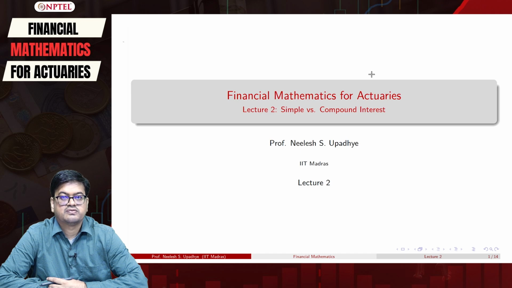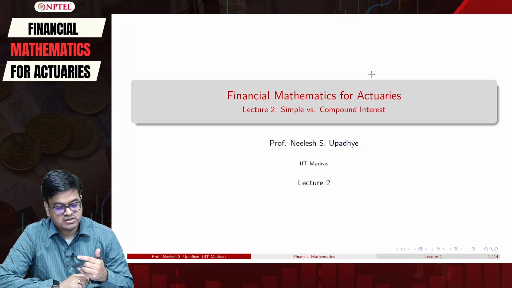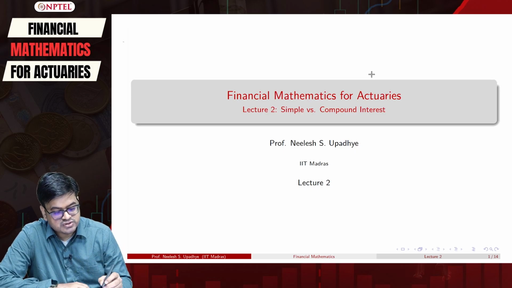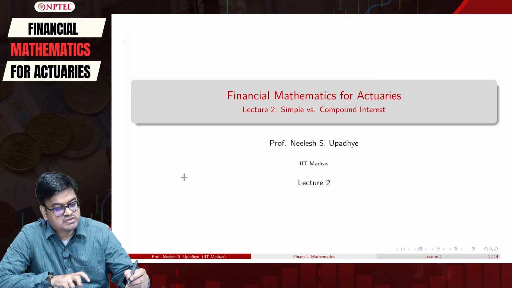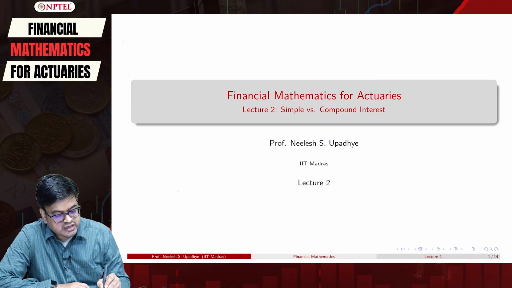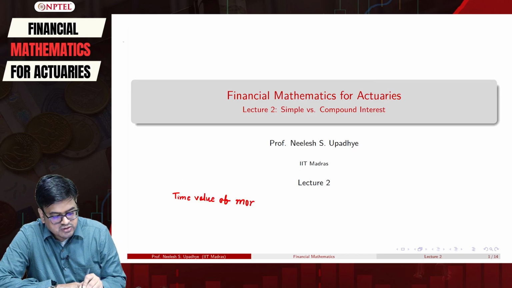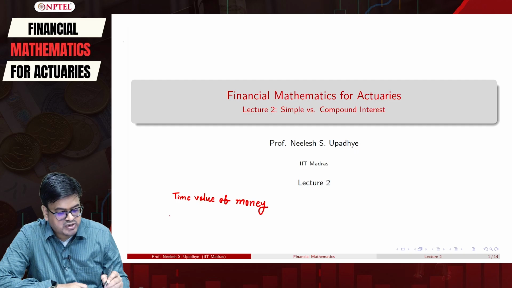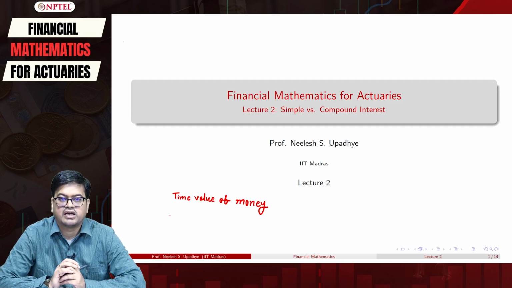Before moving on to the second class, let us revise what we have done in yesterday's class or the last class. We typically introduced one basic concept which is called time value of money, which I also mentioned means that money has some dimension in time.